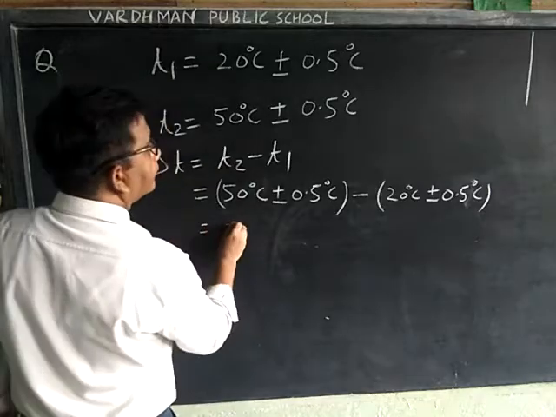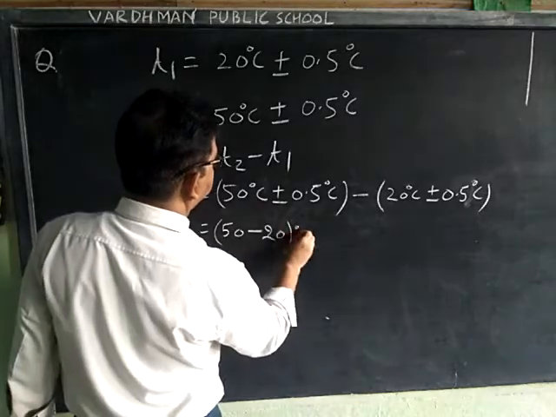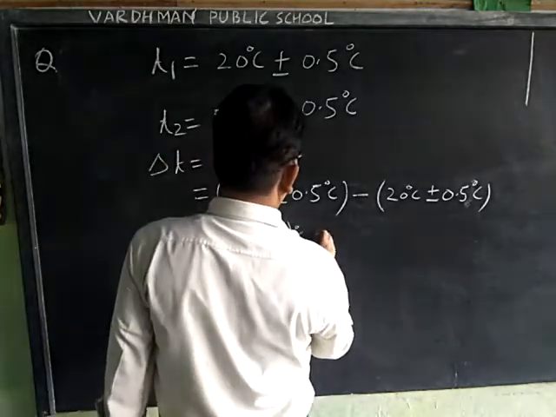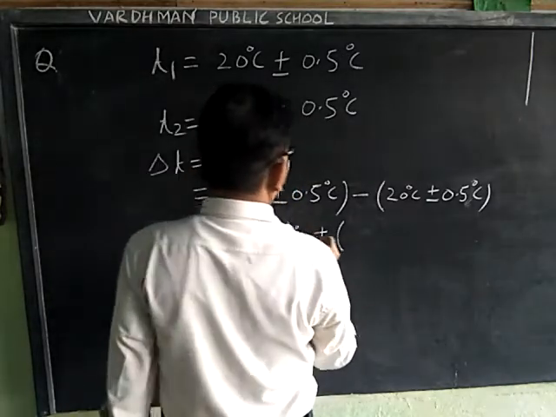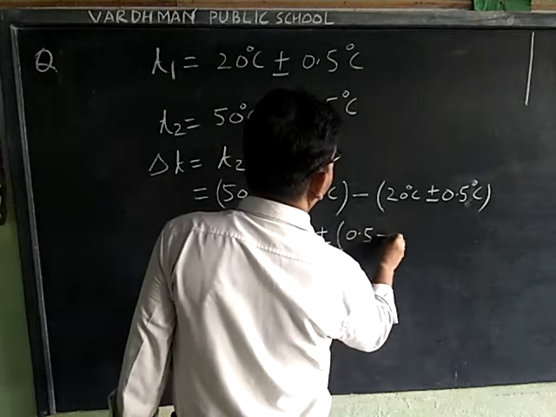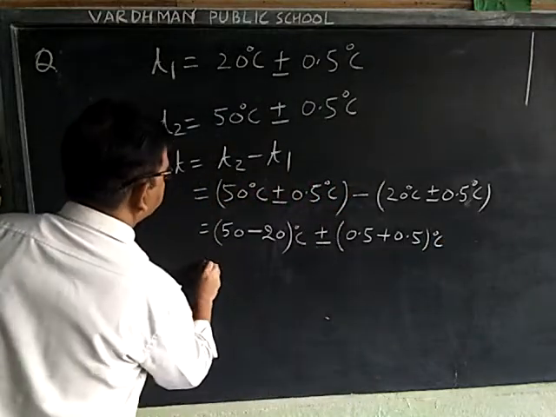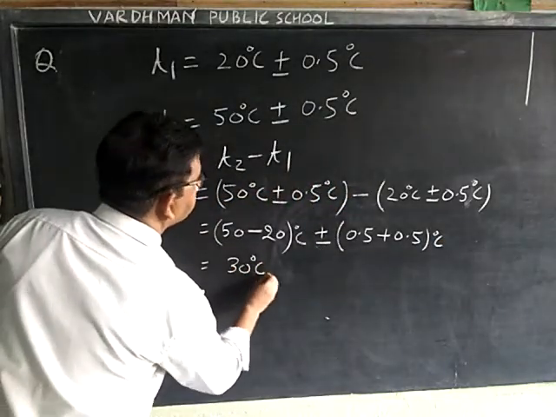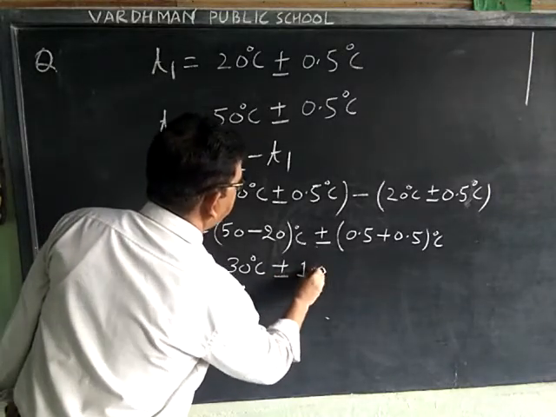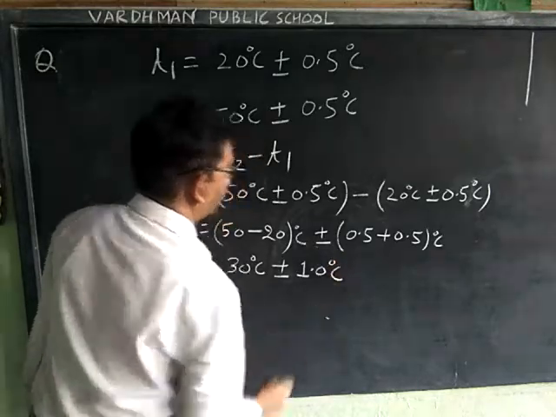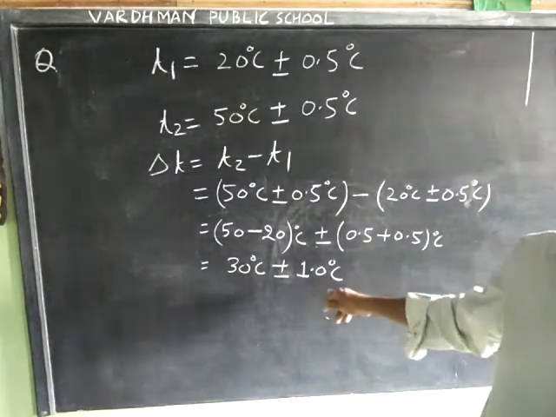We can write it 50 minus 20 degree centigrade plus minus 0.5 degree centigrade plus 0.5 degree centigrade. Then it becomes 30 degree centigrade plus minus 1.0 degree centigrade.